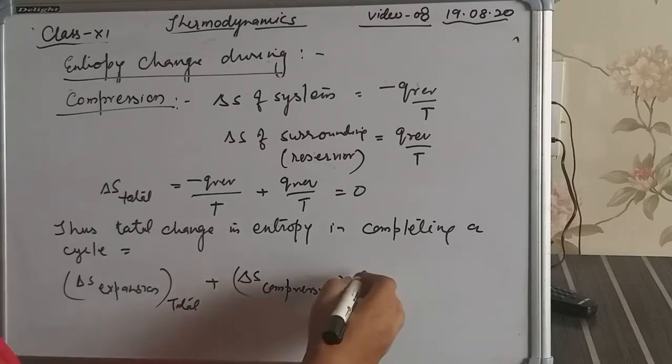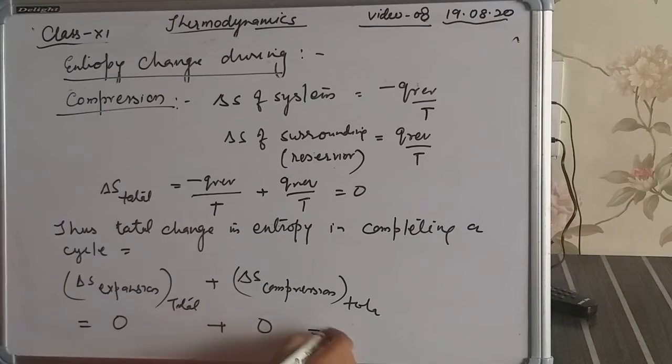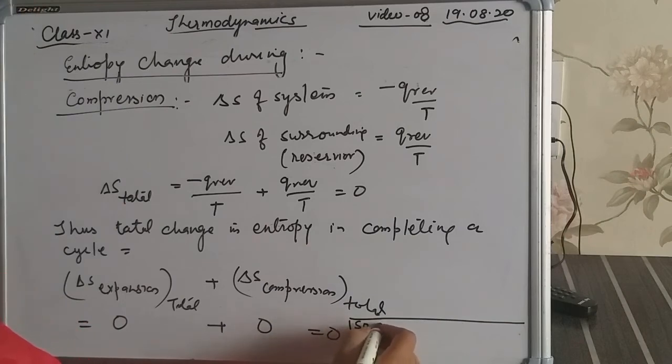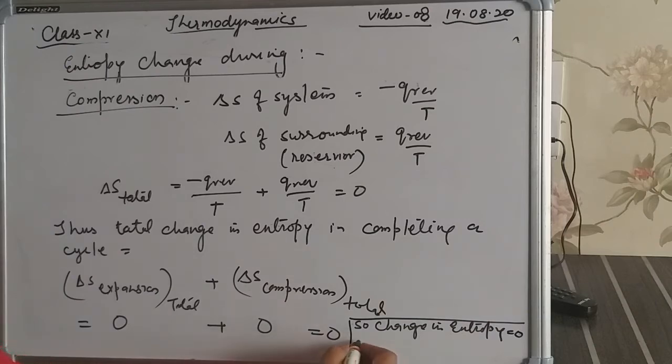This comes 0 and this comes 0, that means it becomes 0. So change in entropy is 0, so it is a state function.